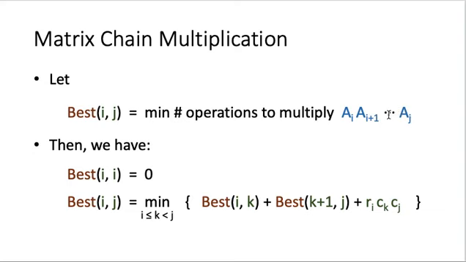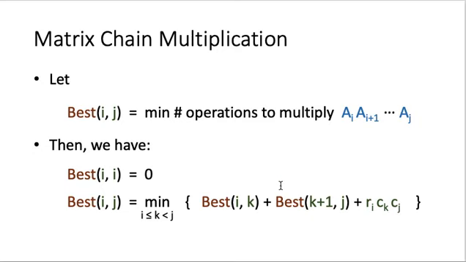In that case, the number of operations will be best of ik plus best of k plus 1 j. And after that, we get the two products, the product of Ai up to Ak and the product of Ak plus 1 up to Aj. In the end, we perform the last operation on the two resulting matrices. So the operations will be ri times ck times cj. You can check this easily.